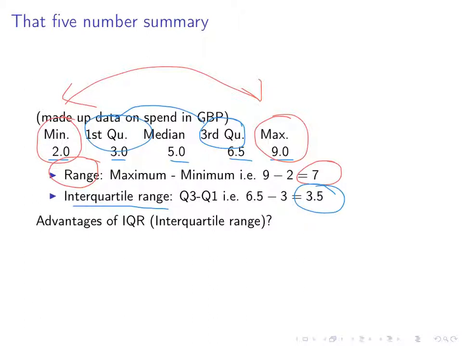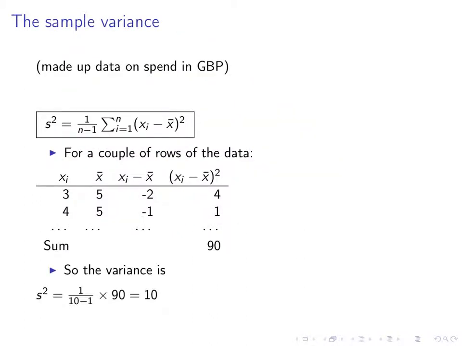So there are two measures of variance we can get from the 5-number summary, but the more common measure of variance is the sample variance, and we'll pick apart the formula that's used for the sample variance. The first thing is, notice that the common abbreviation for the variance is S squared.